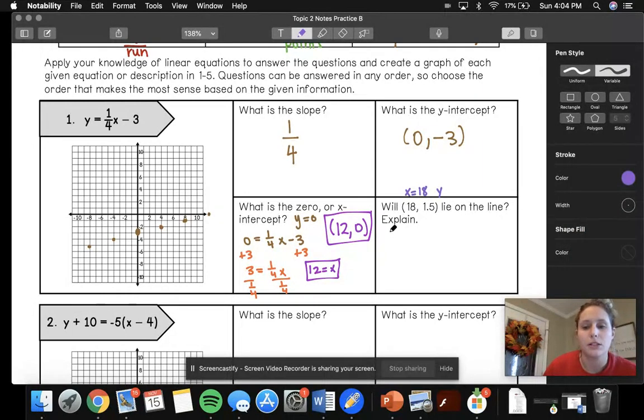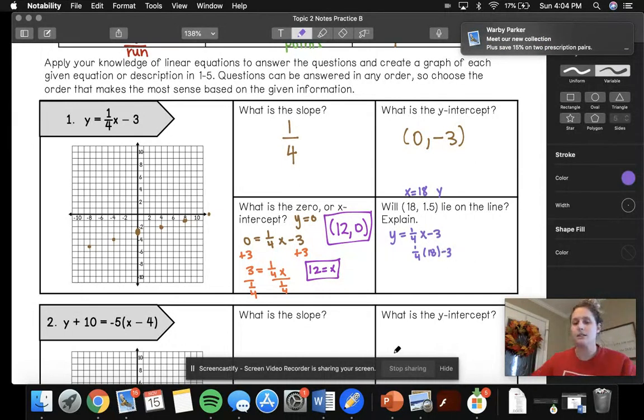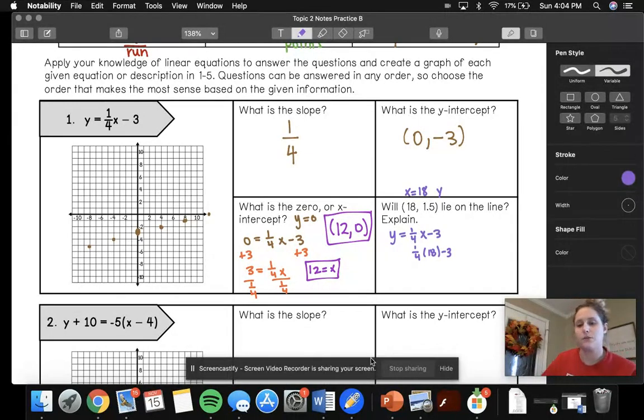I'm going to do y equals 1/4 x minus 3, so plug in 18 and then subtract 3. So 1/4 times 18 is 4.5.